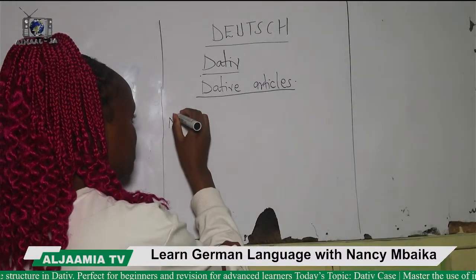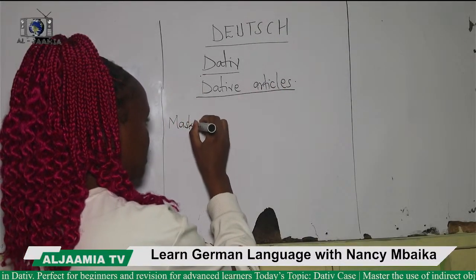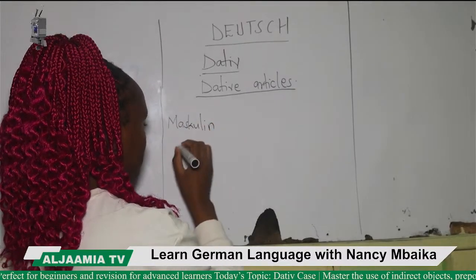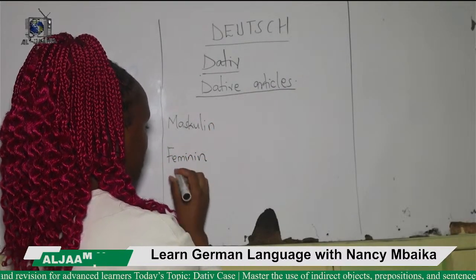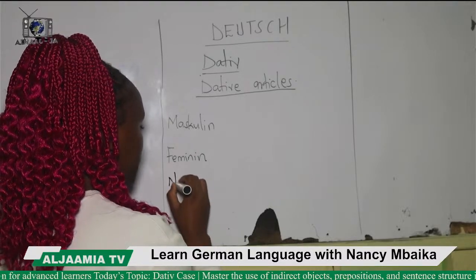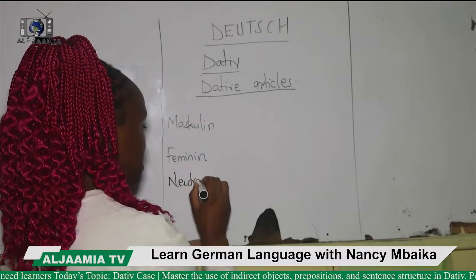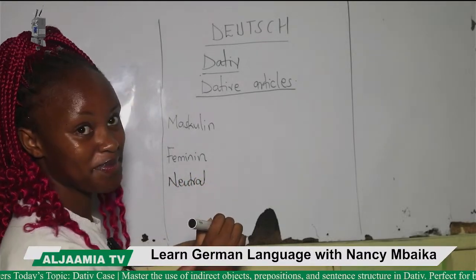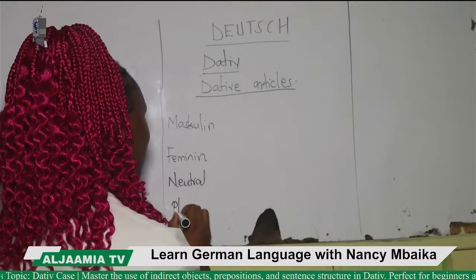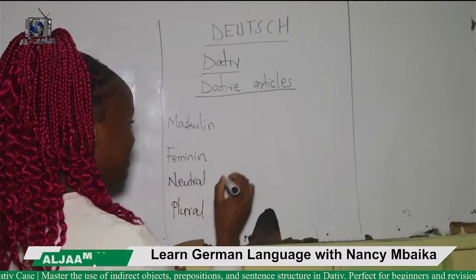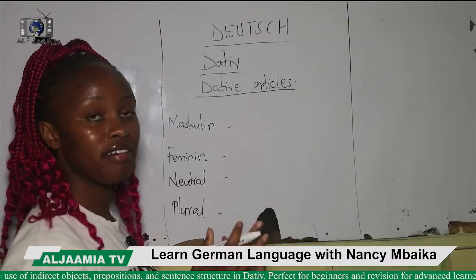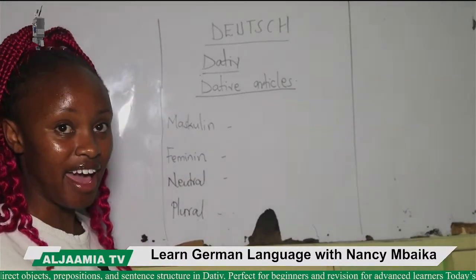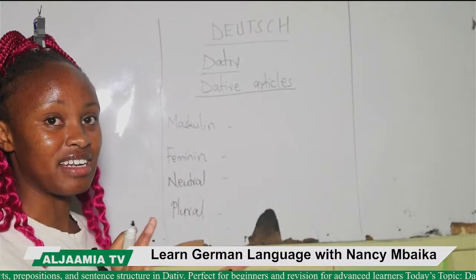So we have the masculine gender, sorry. We have the feminine. We have neutral. And the final one, we have plural. So we have the definite article in German, we have der, die, das, die.